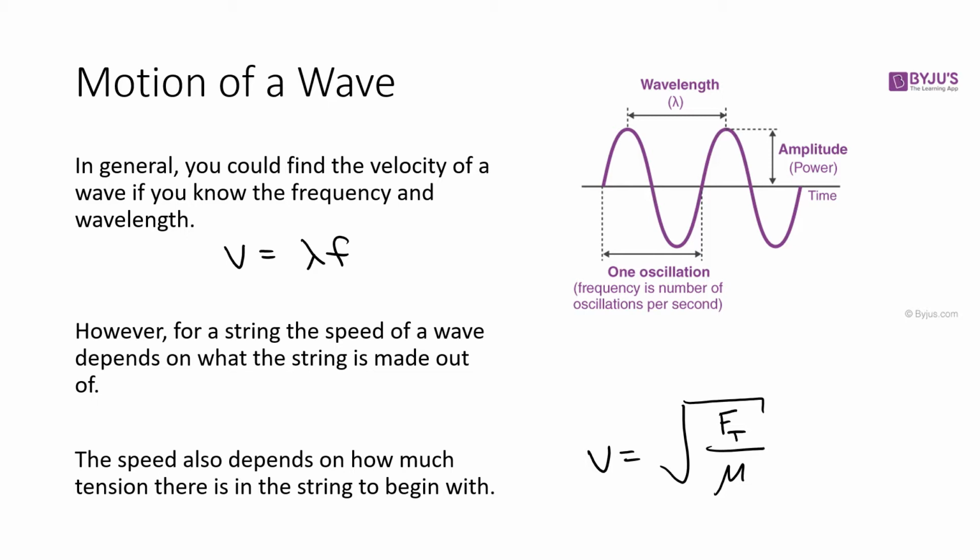This is 2 dimensions. So this is just mass over length. I'll add that on the slide also. So let's see. Mass per length. That's the linear density of the thing. And that's tension on the numerator.